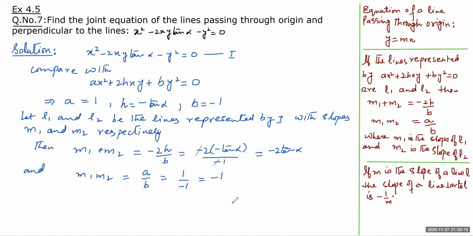Now the slopes of lines perpendicular to L1 and L2: the slope of L1 is m1, so the slope of the line perpendicular to L1 will be minus 1 by m1. And the slope of the line perpendicular to L2 will be minus 1 by m2.